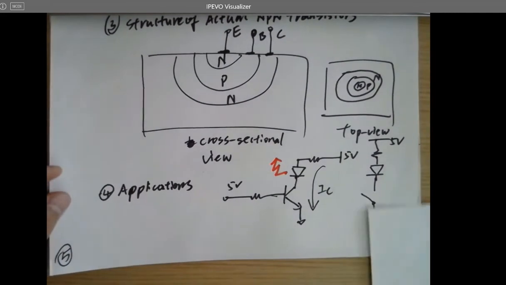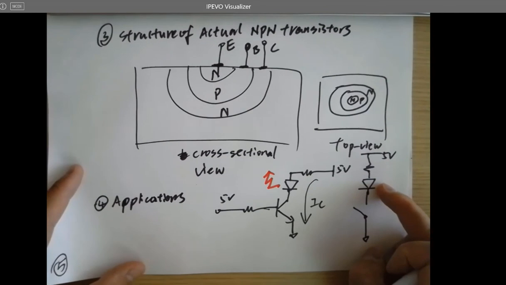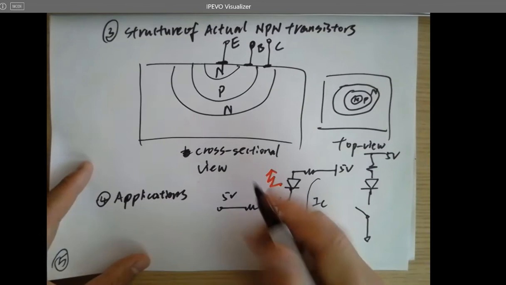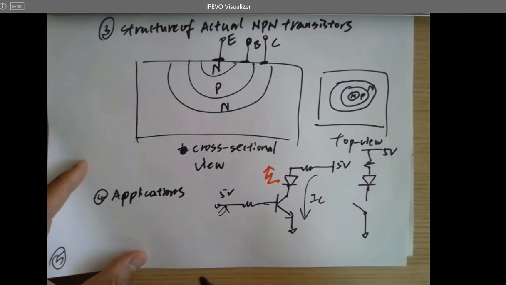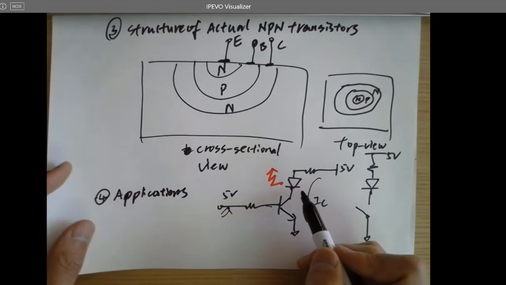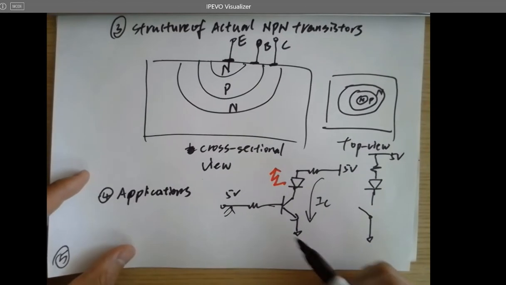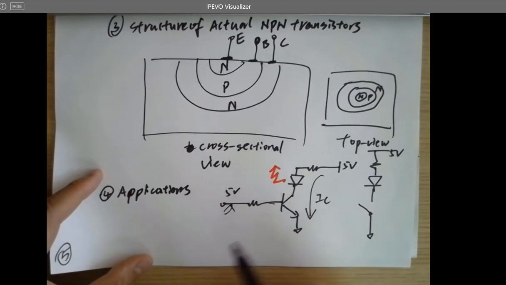Or if you replace the LED with a DC motor, you can turn the DC motor on and off just by controlling this terminal. And you can definitely use the Arduino digital pin to control it. Give 5 volts, give 0 volts, turn the motor on and off by doing this. You must be wondering, why not just directly use Arduino's digital pin to control the motor?